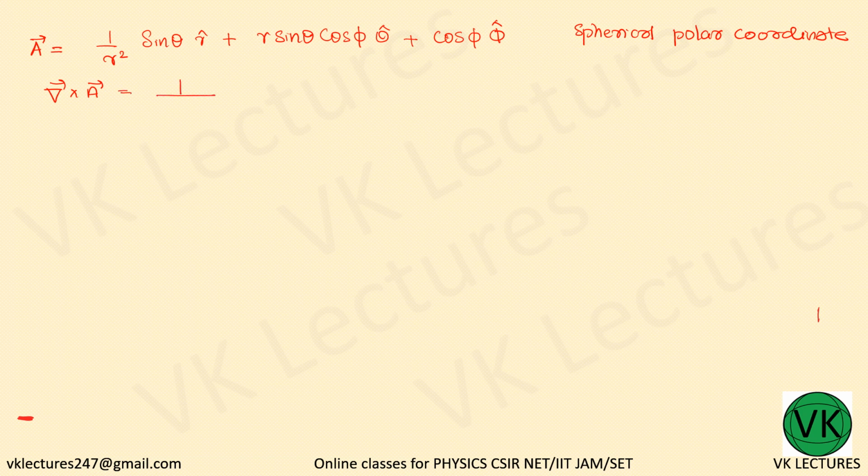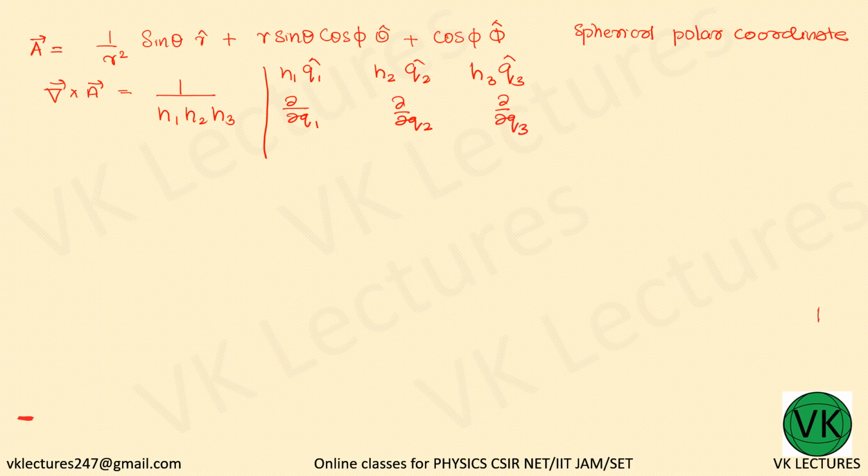So 1 by h1 h2 h3, determinant with rows h1 q1 cap, h2 q2 cap, h3 q3 cap; dou by dou q1, dou by dou q2, dou by dou q3; h1 a1, h2 a2, h3 a3.